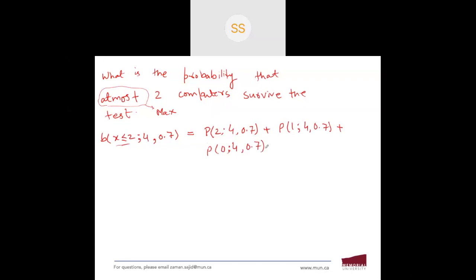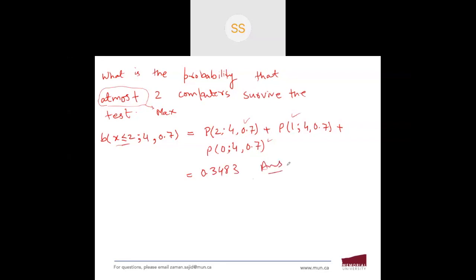Okay. Now we need to just solve them one by one and find the answer. So once you find the answer for this one, and this one, using the same formula as we were discussing before, you will get the answer of 0.3483. Okay. Now this is the answer, of course.